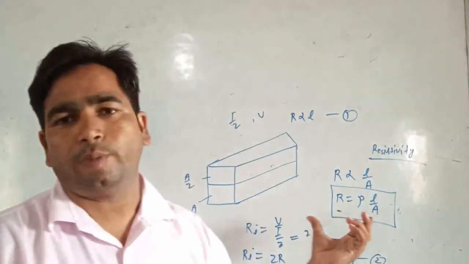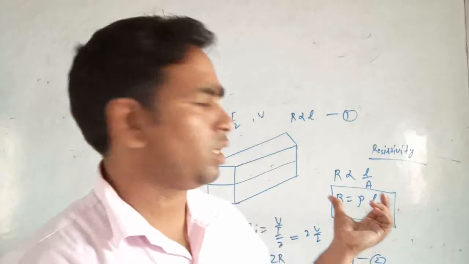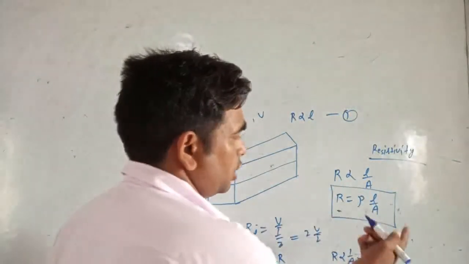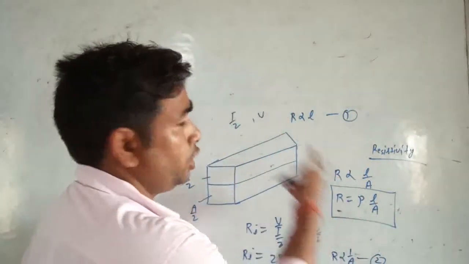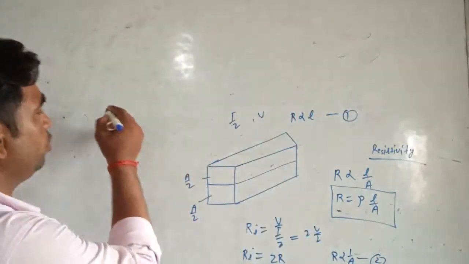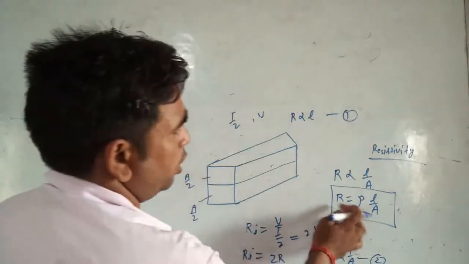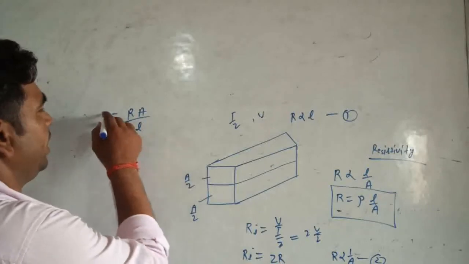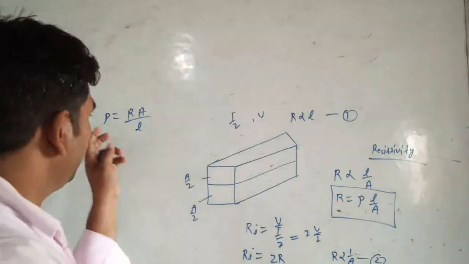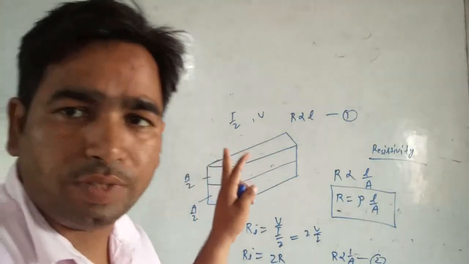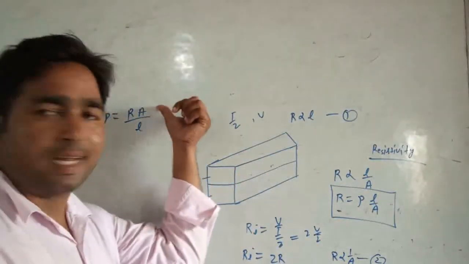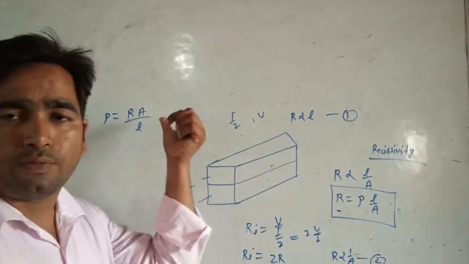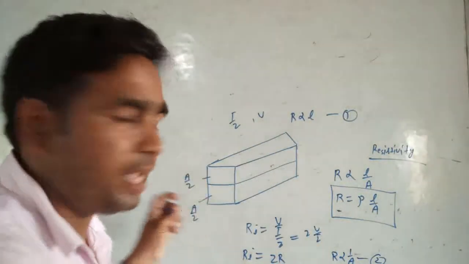Now you have to solve numerical questions on the basis of these equations. Now you have to find the value of resistivity. From this equation you will find rho equals RA upon L. Now you can find the definition of resistivity: for unit cross section area and unit length of a conductor, the value of resistance is called the resistivity of the material.